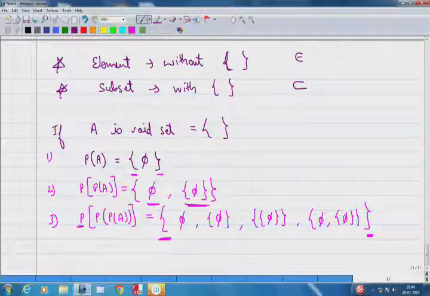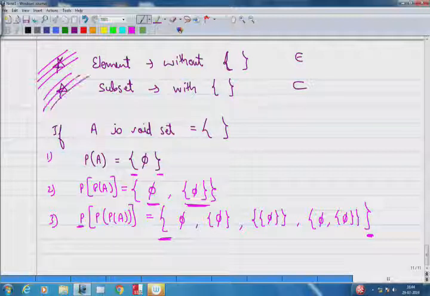But 2-3 things you have to remember. This is the first point, that elements are written without the curly braces and we use the symbol belongs to. A subset is always written in the curly brackets, using the symbol subset.